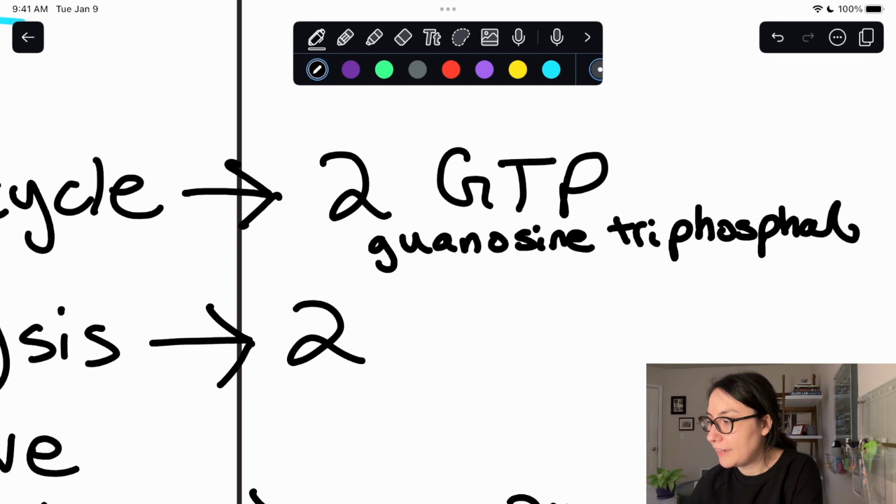You don't need to know that. And if you're wondering where the guanosine comes from, if you go into genetics, you'll actually learn it this quarter, because you're going to get the basics of genetics in this term.